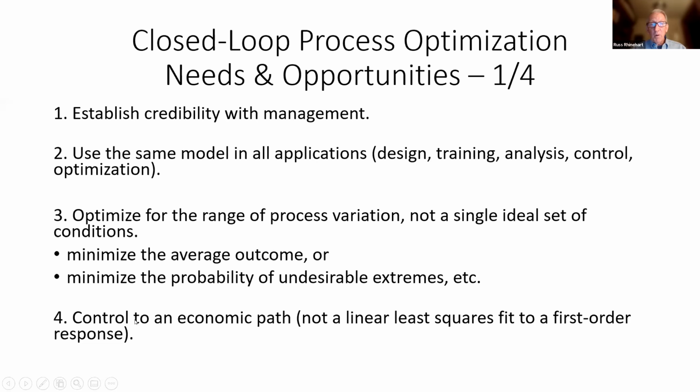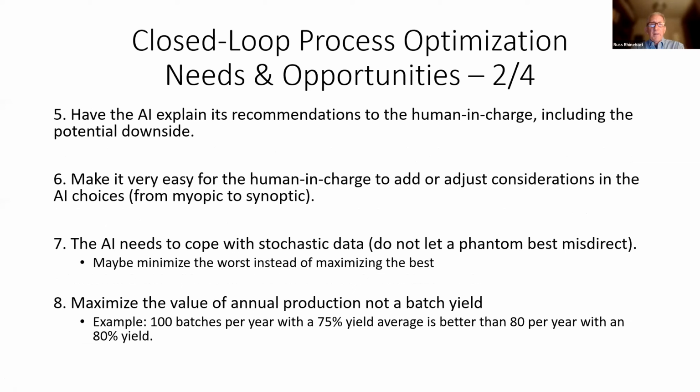I mentioned control. We'd like to optimize an economic path rather than just the set points. I think it's very important to have the artificial intelligence explain its recommendations to the human in charge. And one of the problems with model predictive control is that the operators and engineers watching the controllers don't really understand why it's doing what it's doing.